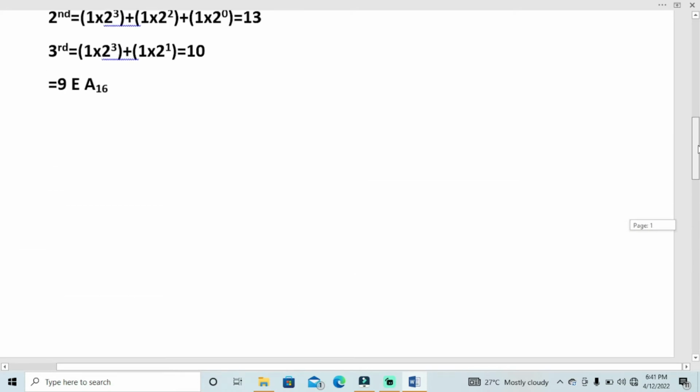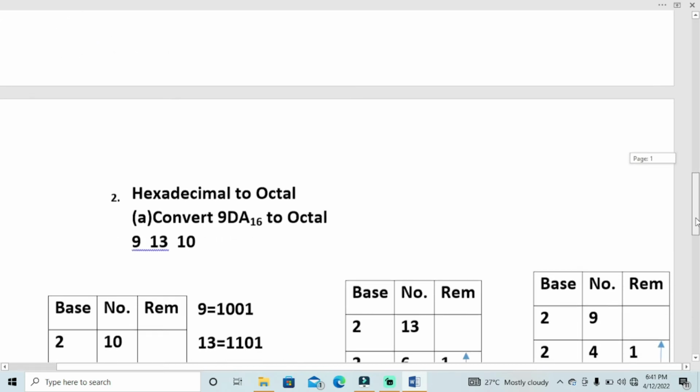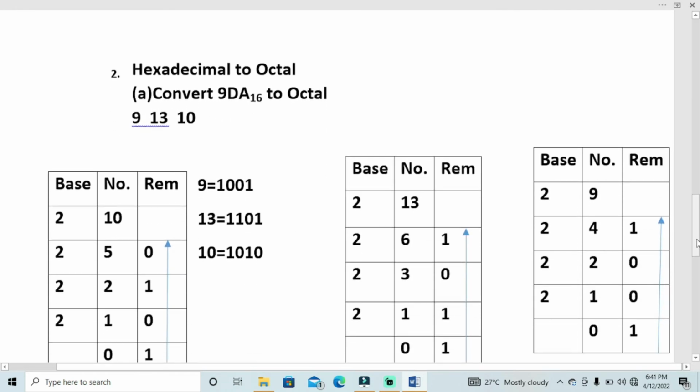On the above question, I think we had only made a mistake on the 13 on top. Here it was actually supposed to be D. So we have convert 9DA, which is in hexadecimal, to its octal equivalent.